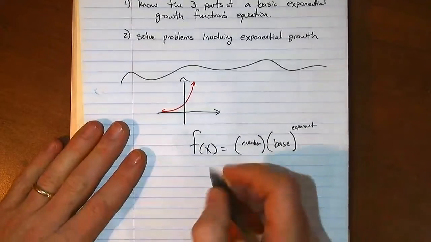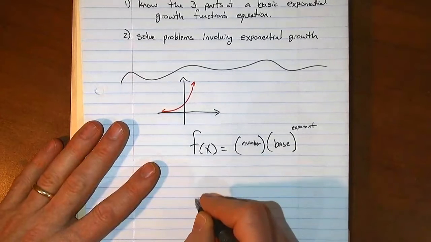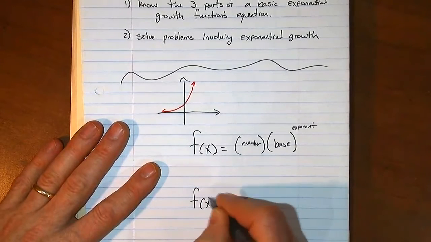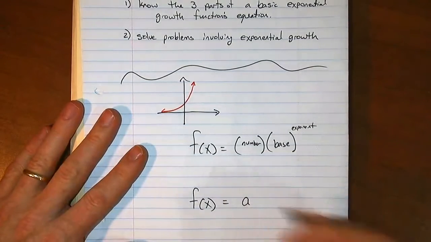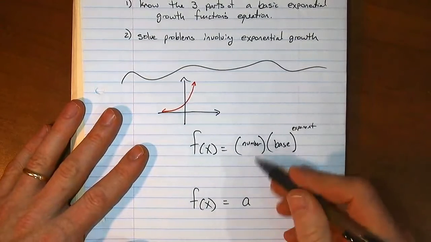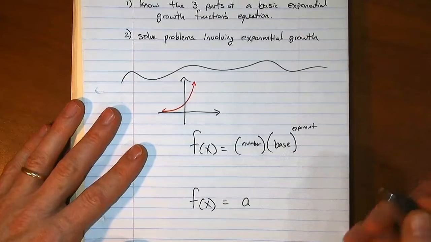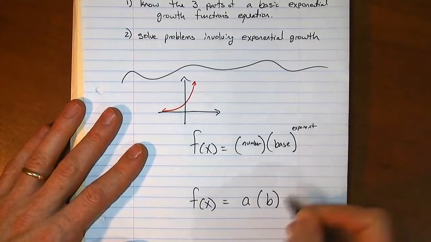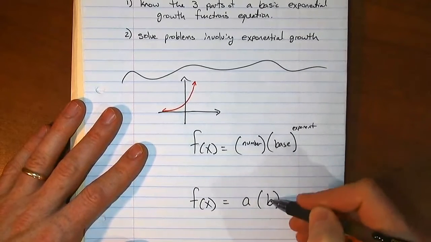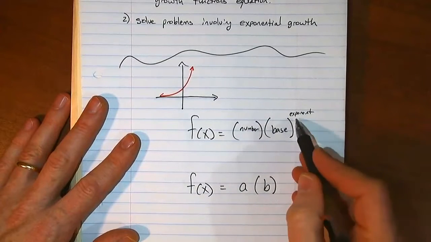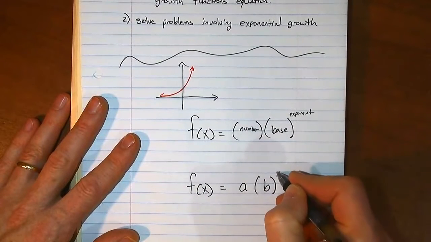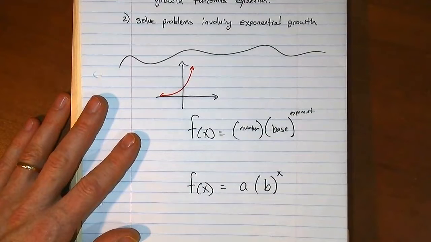So the way this typically looks, if we were to start putting in some variables, we would say the general form for an exponential function would look like a, being just any number, times b, a number that represents the base, raised to the power, and we know because it's exponential, the exponent, that's where the variable is going to be located.